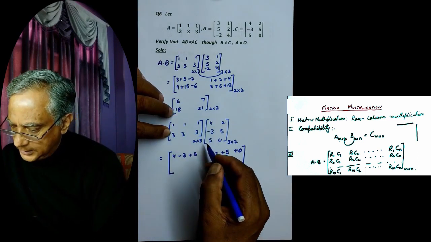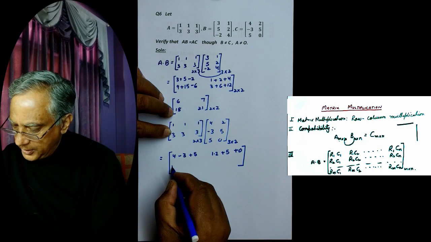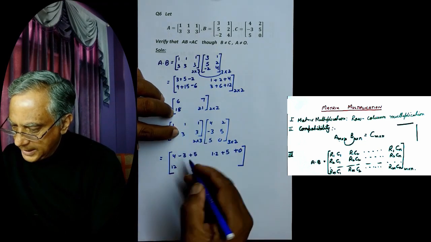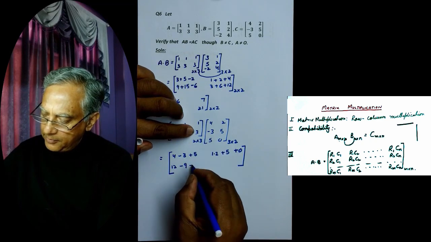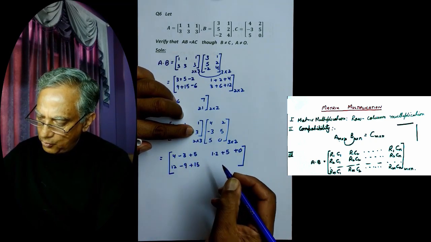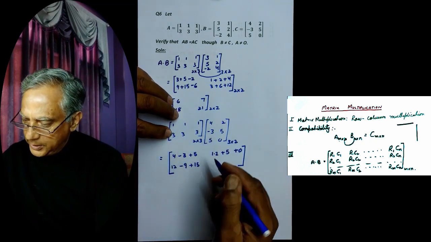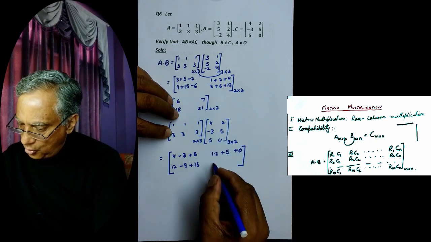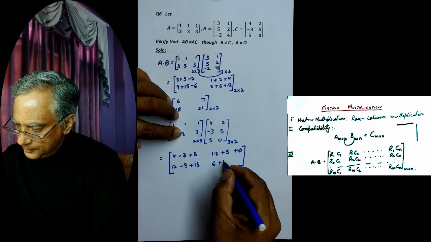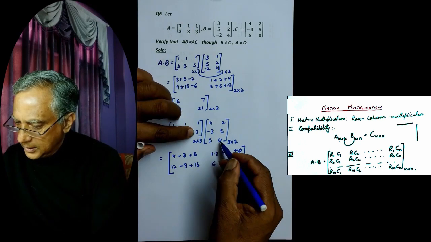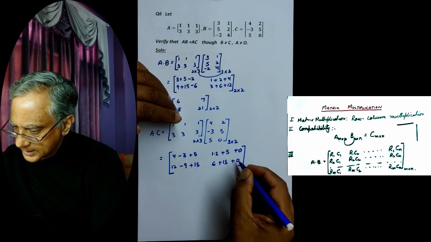Now this with this. First entry with first, 12. Second entry with second, minus 9. Third entry with third, plus 15. Now this with this. 3 into 2 is 6. 3 into 5 is 15. Third entry with third is 0.